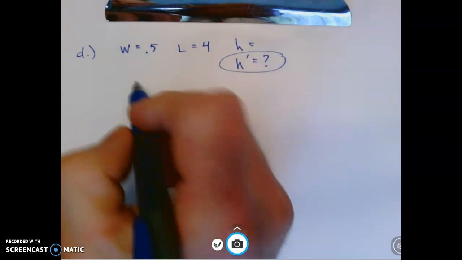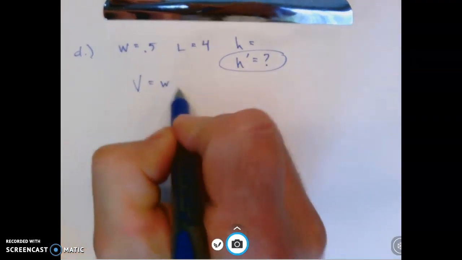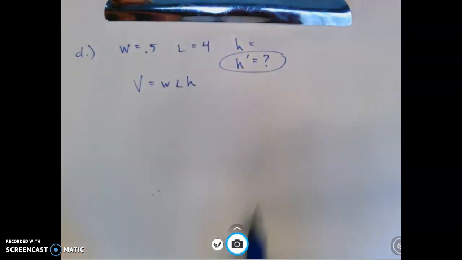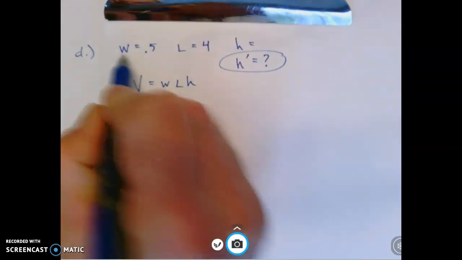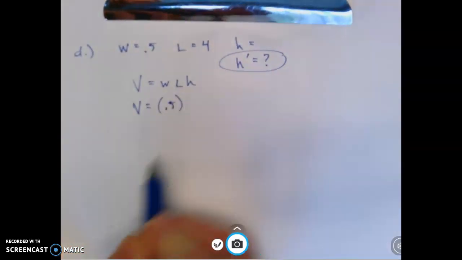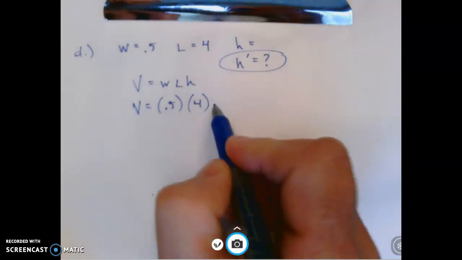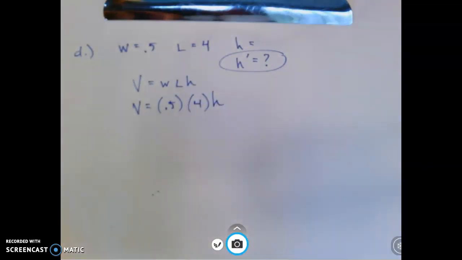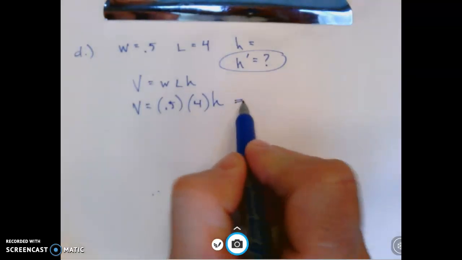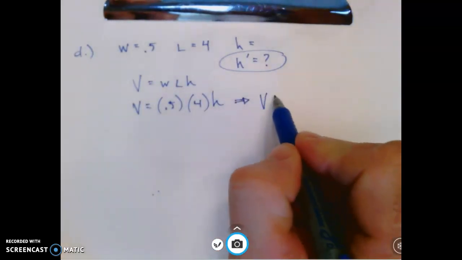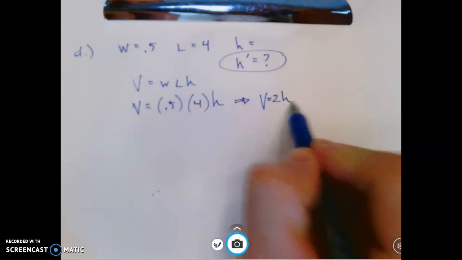So in this case, we've set up our formula, which is our volume formula, right? In this case, our width, which does not change, is 0.5. Our L, which does not change, is the length of the tub, is 4. And our H is our unknown. A little bit of cleaning up gives us our volume to be 2H.